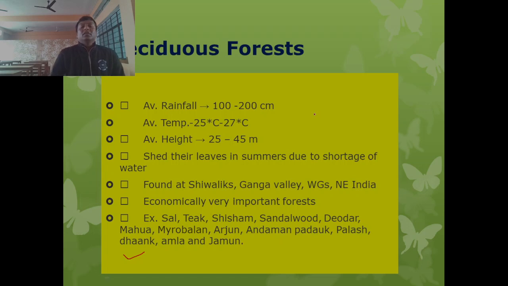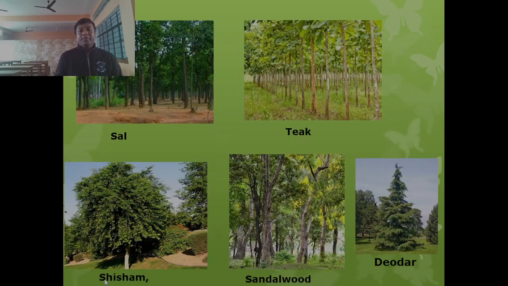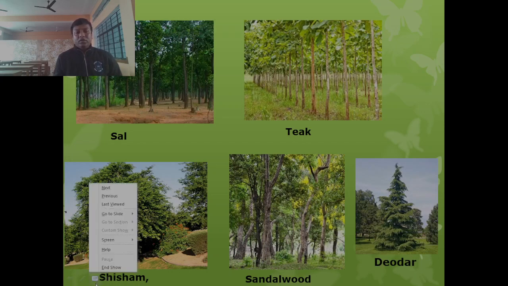These are all major deciduous forest trees. They shed their leaves in the summer due to the shortage of water. You can see in this deciduous forest, let me define more. These are the trees of the deciduous forest: teak, sal, shisham, sandalwood, and deodar.